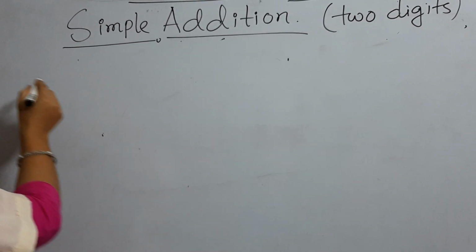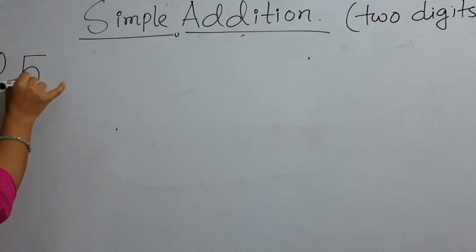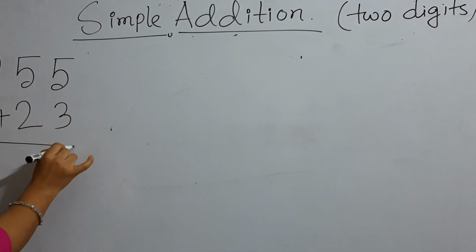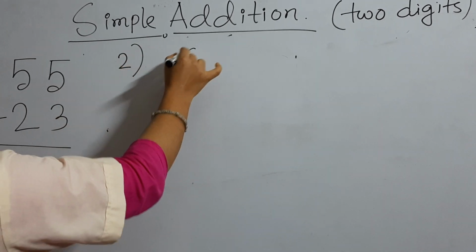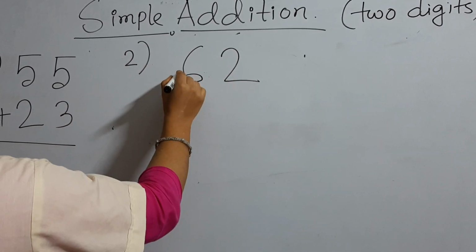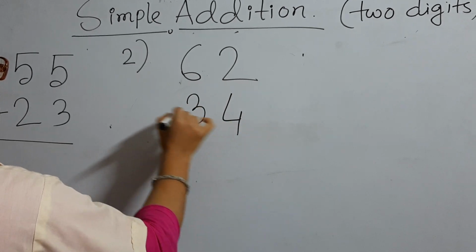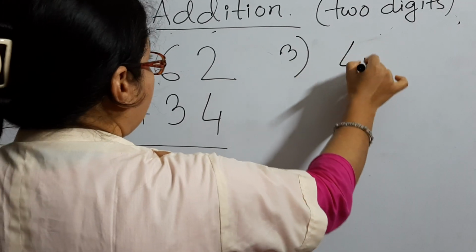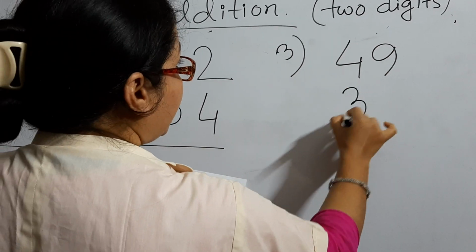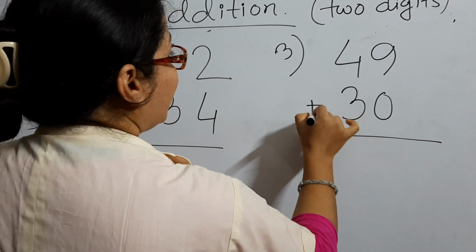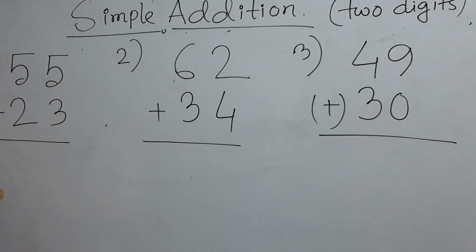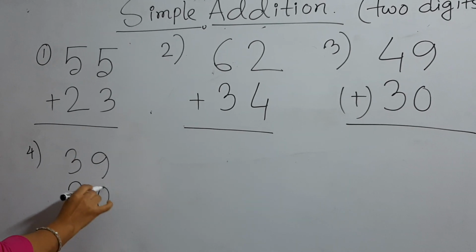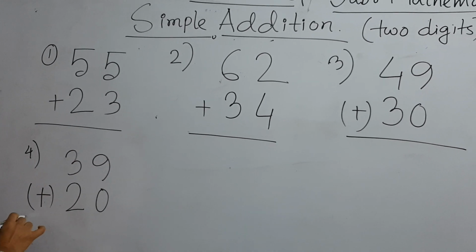Number 1: 55 plus 23. Number 2: 62 plus 34. Number 3: 49 plus 30. Do all of this. Number 4: 39 plus 20.